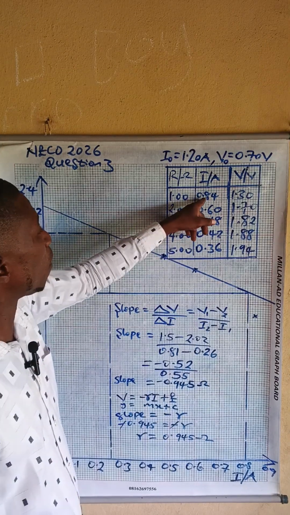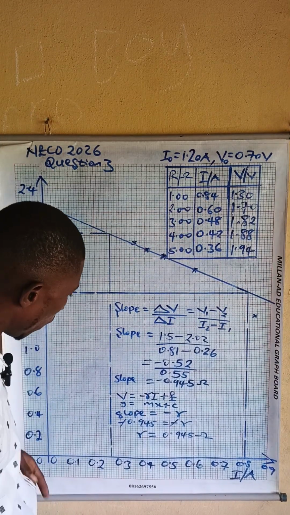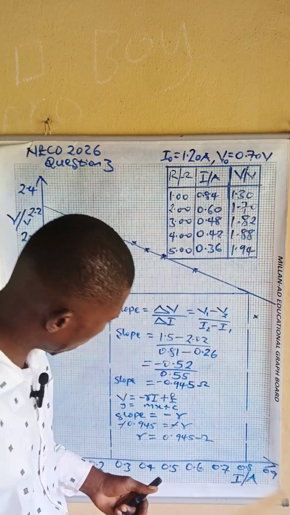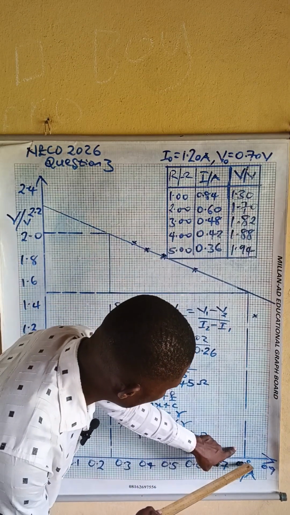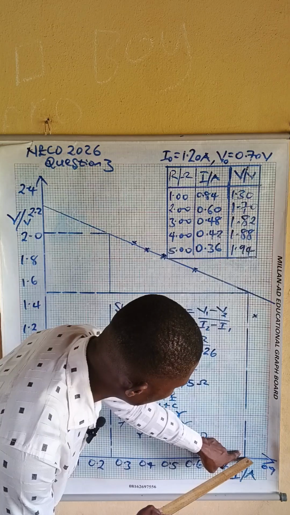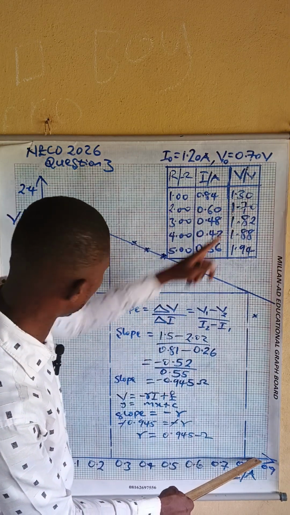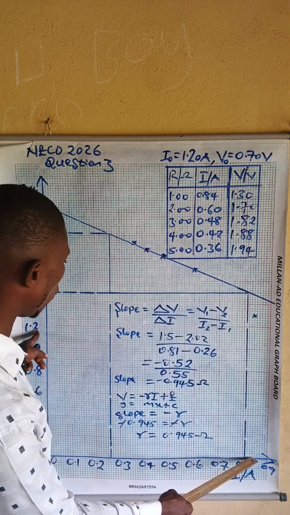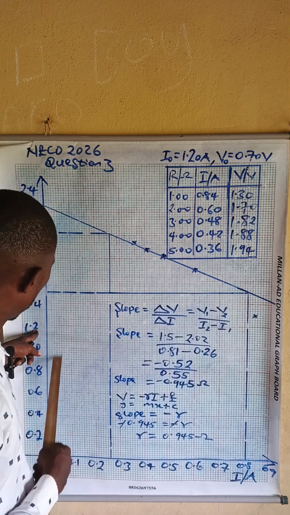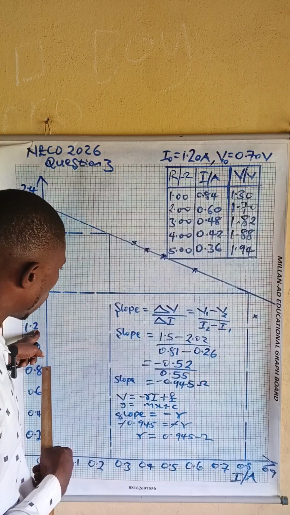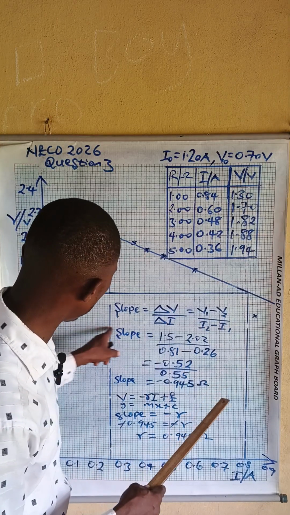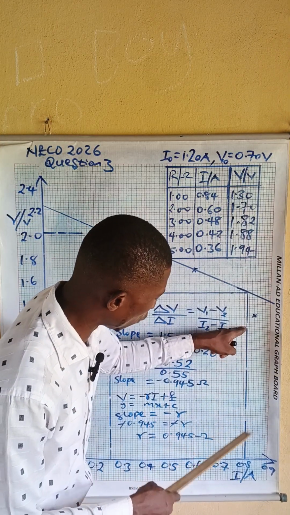For a value of 0.84, we have 0.84 somewhere here. This is 0.8, 0.81, 0.82, 0.83, 0.84. This one is 1.3. How do we get this? This is 1.2. How do you know each line at this point?